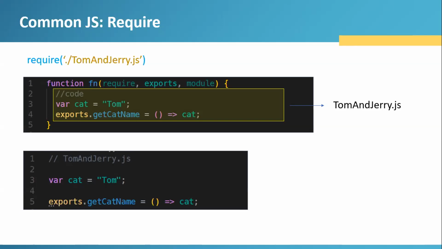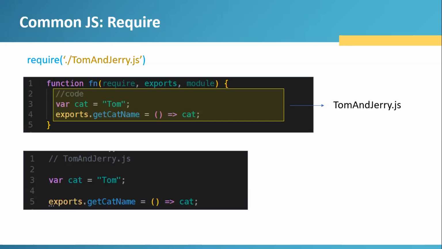So the two disadvantages are solved here, and also the third one, the dependency unclear part, is also solved because we are explicitly saying that I want to require Tom and Jerry. So that's how from the require function we are solving these three disadvantages.